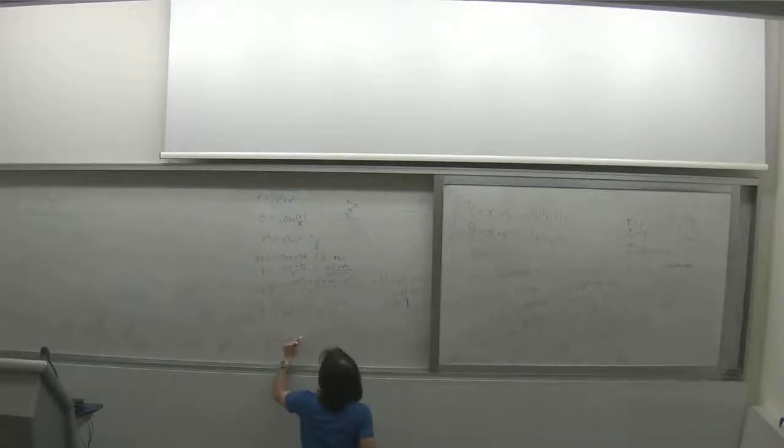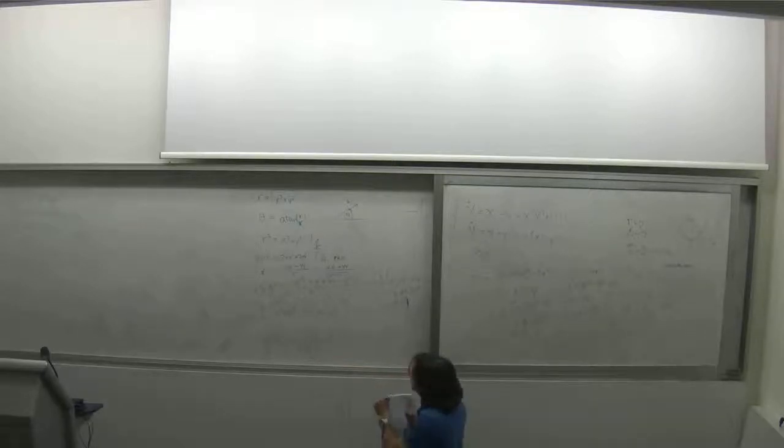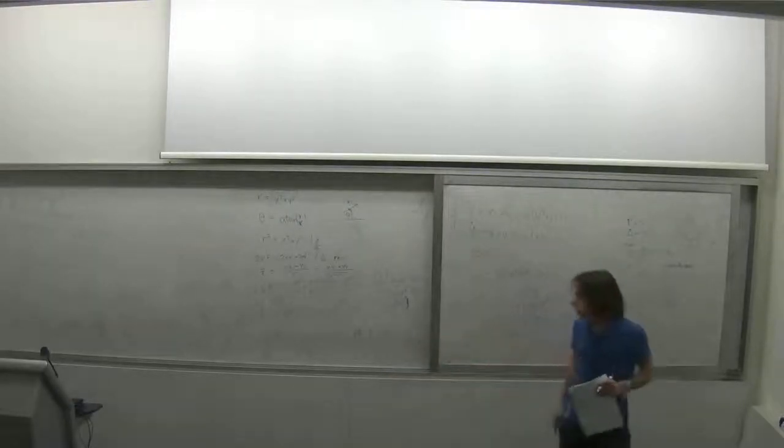One minus r squared times x squared plus y squared. This is just r squared. And I'm left with r times 1 minus r squared.